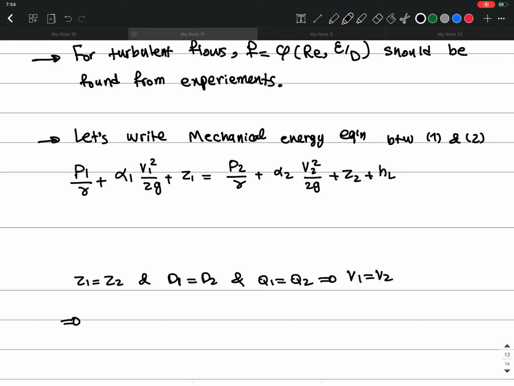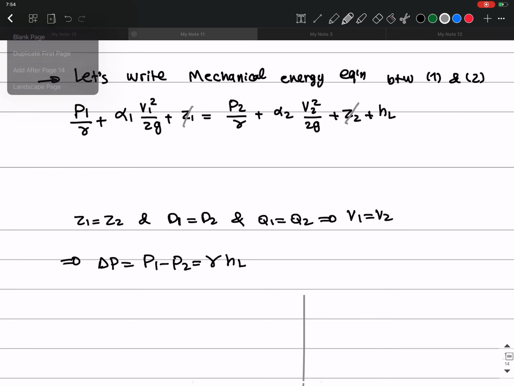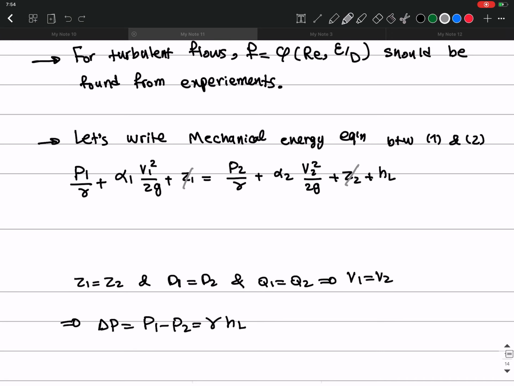So I can write delta P, which equals P1 minus P2, should be gamma hL, right? So these two terms are going to cancel out, and these two terms are going to also cancel out. So this means that P1 minus P2 equals gamma hL, or equals rho g hL.